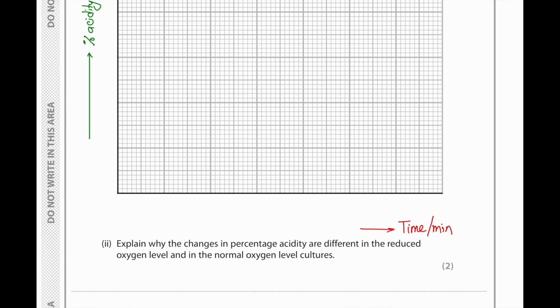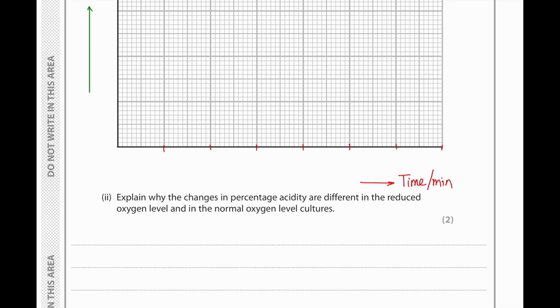Now let's see how many boxes there are: 1, 2, 3, 4, 5, 6, 7. Since we have 210 minutes, we can make each small square 3 units. So this can be 30, 60.